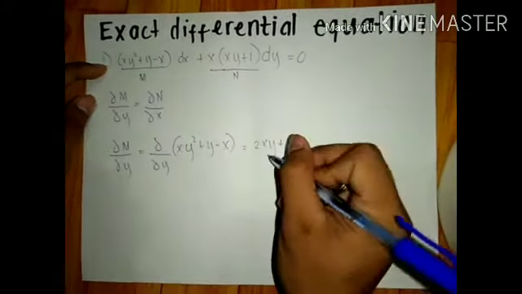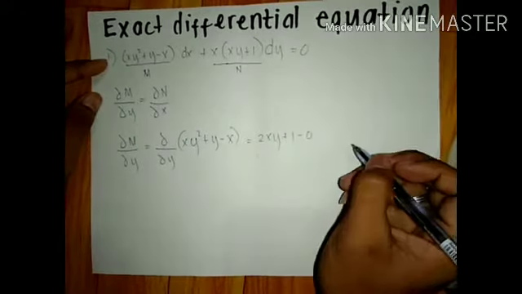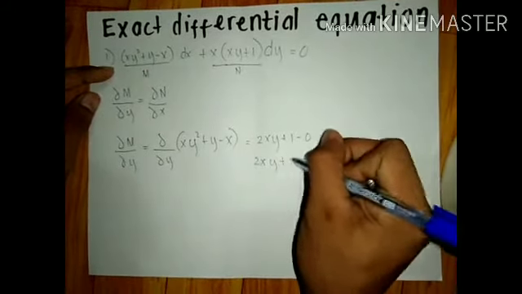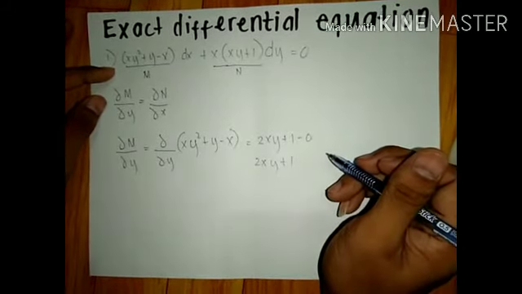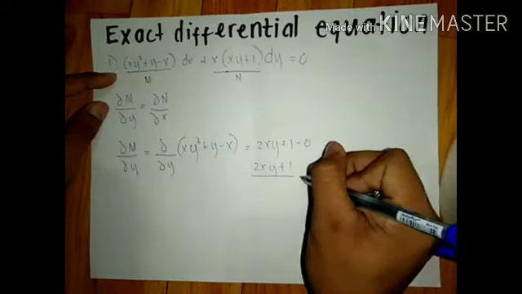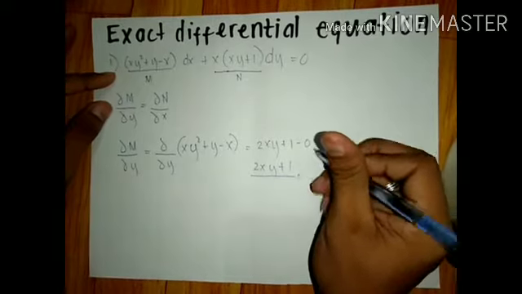So it is 2xy plus 1. So that is our partial derivative, partial M with respect to y.